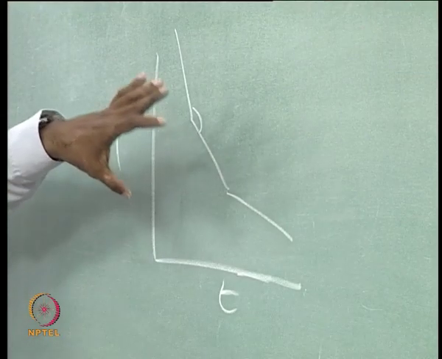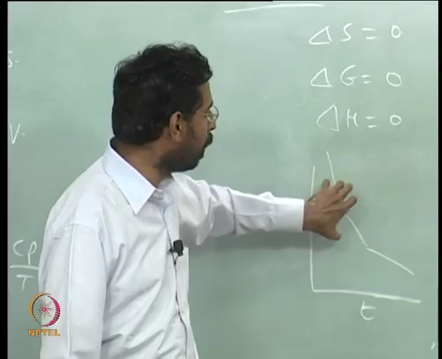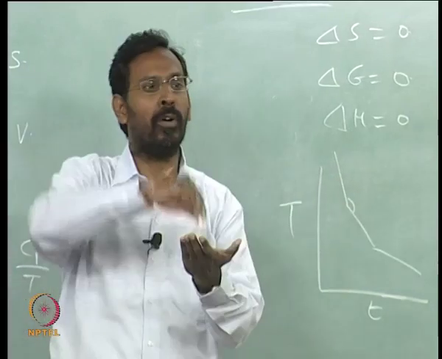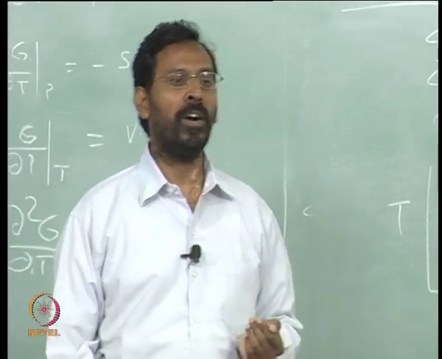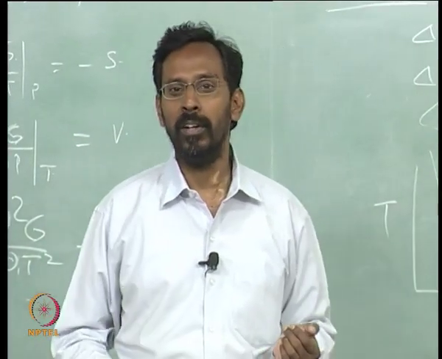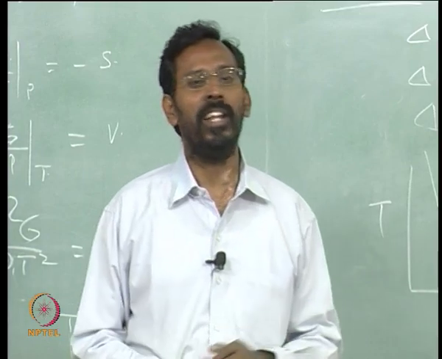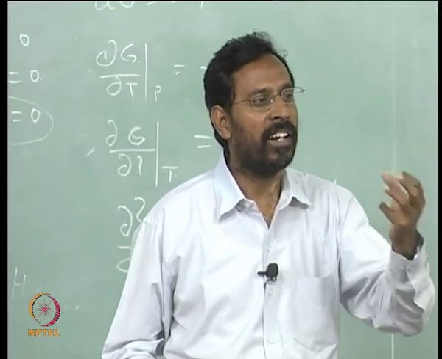So if you do not use a DTA or a DSC, simply using normal thermal analysis, putting a thermocouple inside the sample and seeing how this thermocouple responds as a function of time, you will not be able to really see solid transformations, because the delta H is very small.